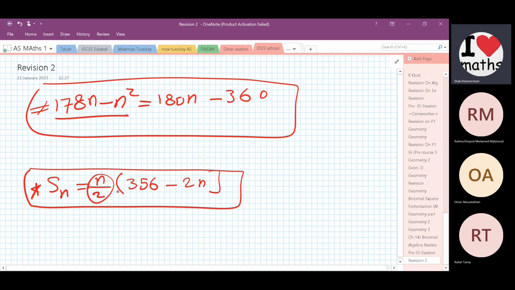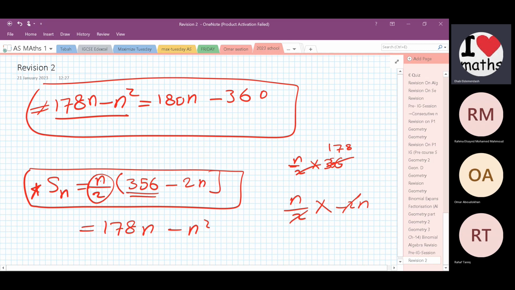I just took n over 2 into this expression. n over 2 multiplied by 356, this will cancel, so the answer is 178n. Then n over 2 multiplied by negative 2n: the 2 cancels with the 2, so the answer will be negative n squared. So I get this part from there.